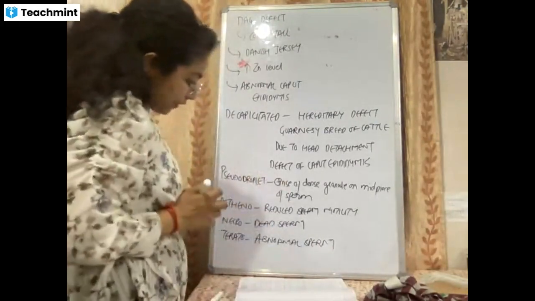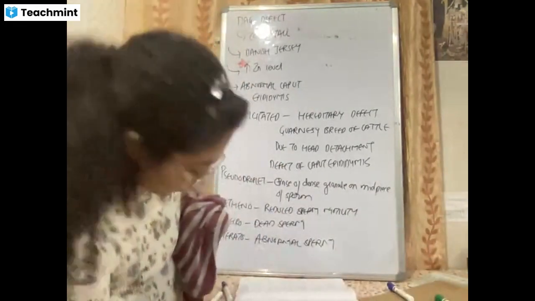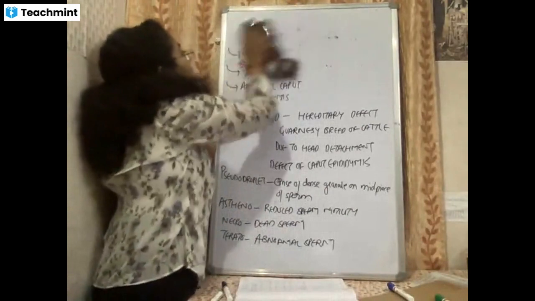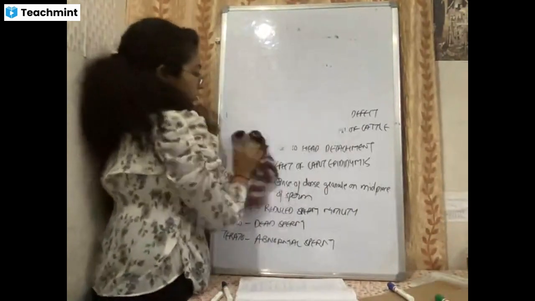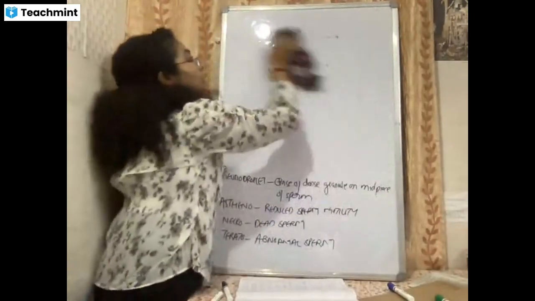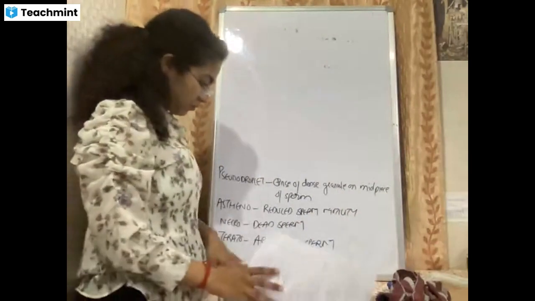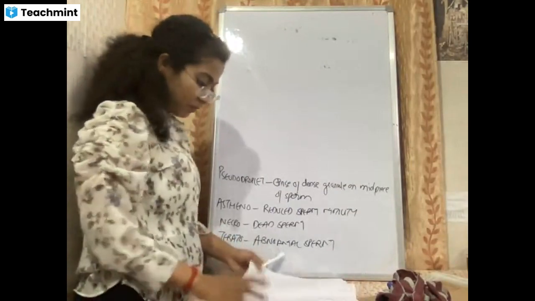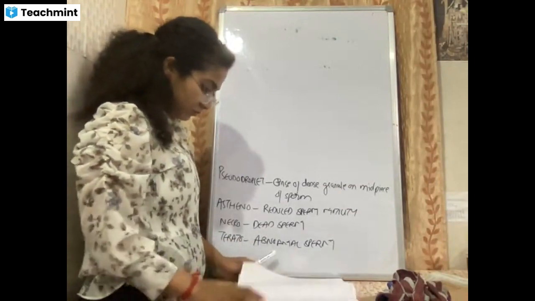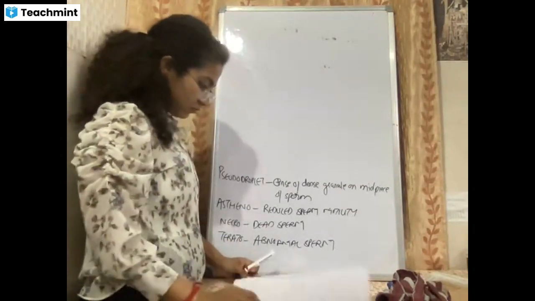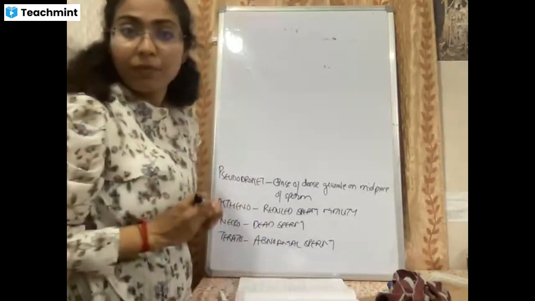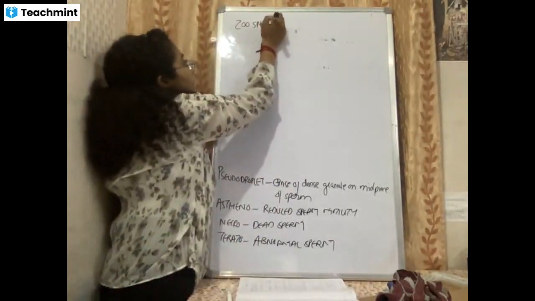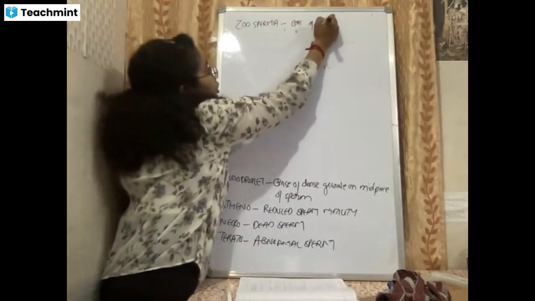Now we have the two terms, zoospermia and spermia. Zoospermia is asking about the concentration of sperm.